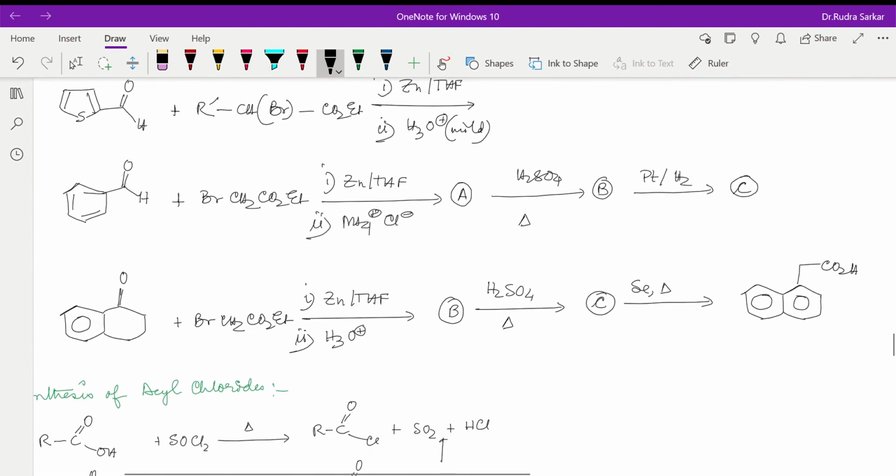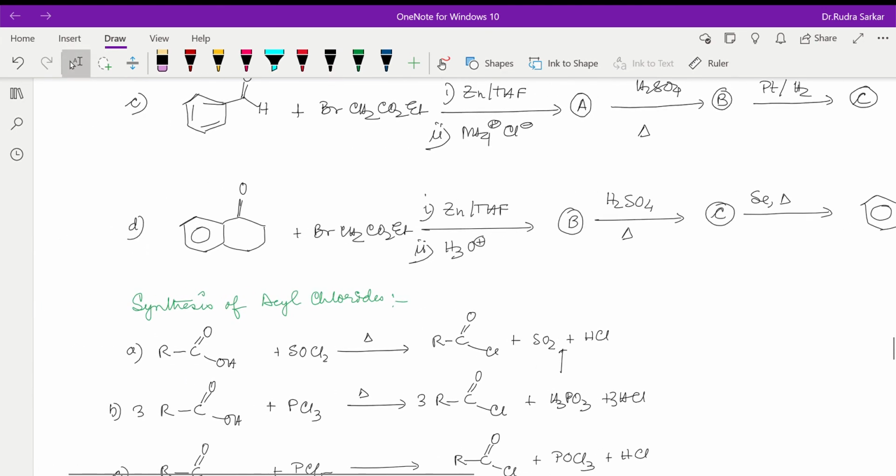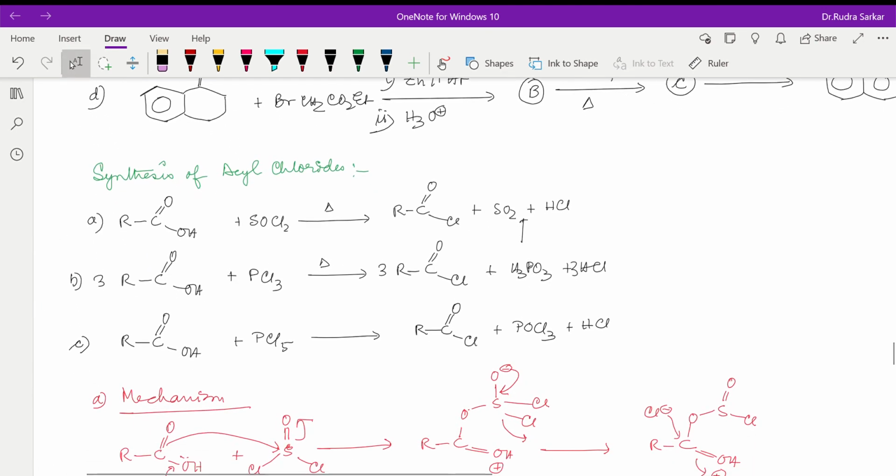Now, here we are doing the synthesis of acyl chlorides. I have shown before that you can use SOCl2, PCl3, PCl5. However, the side products are a little different. Here, if you're using heat, both side products are gases, and that's why it is the best reagent.